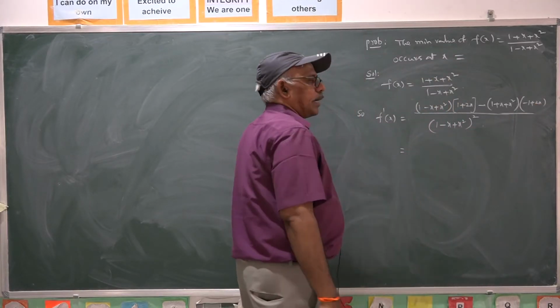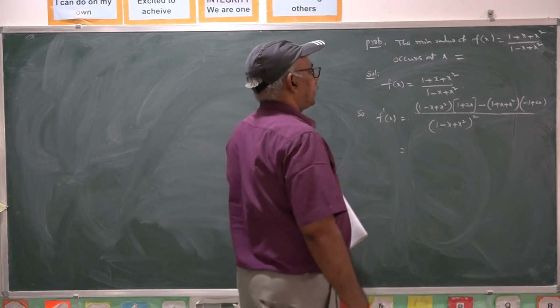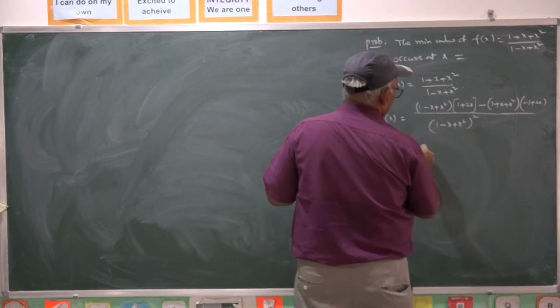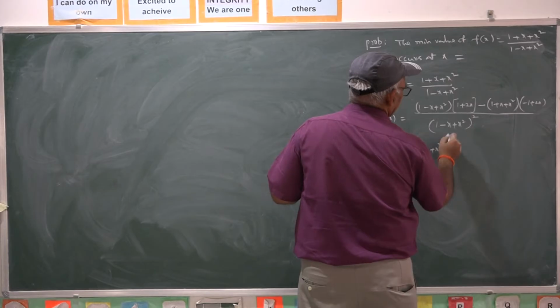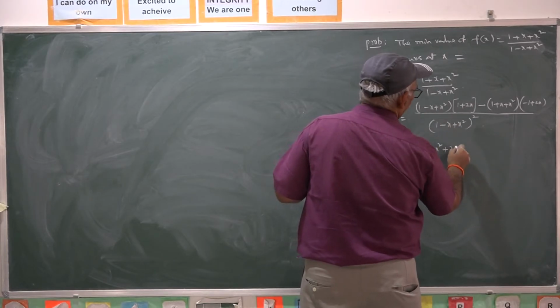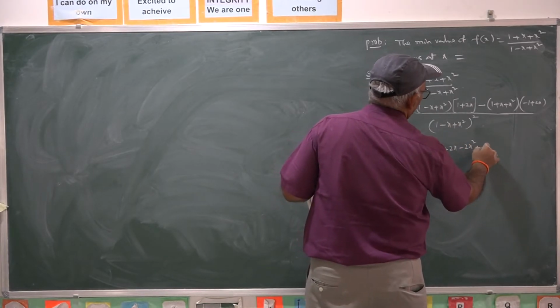Now we will simplify the numerator here. 1 into this value, 1 minus x plus x square; 2x into this term, 2x minus 2x square plus 2x cube.